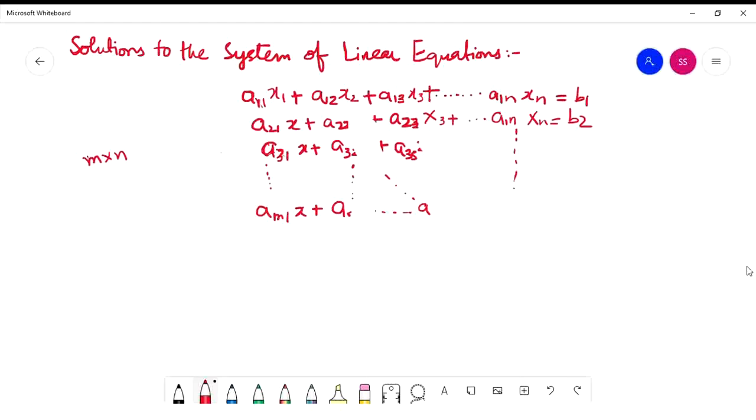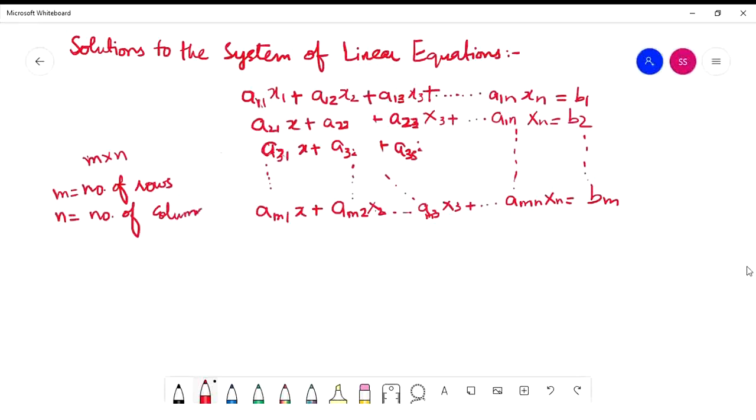You can continue it up to am1 x1, am2 x2, am3 x3, and so on, up to amn xn equals bm. So what do m and n represent? m is the number of rows and n is the number of columns.